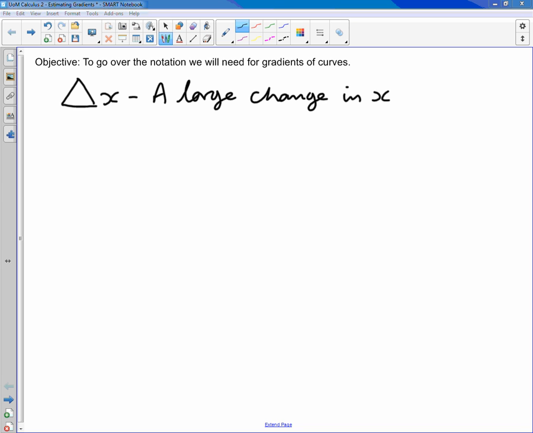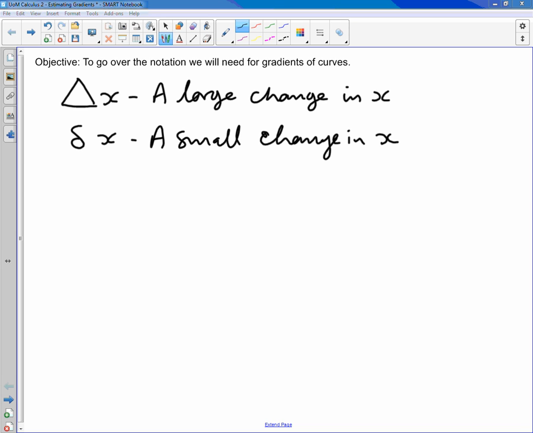So if capital delta t means a large change in t, you can probably work out that a lowercase delta x means a small change in x. And again, what do I mean by a small change in x? Or in y or in t?